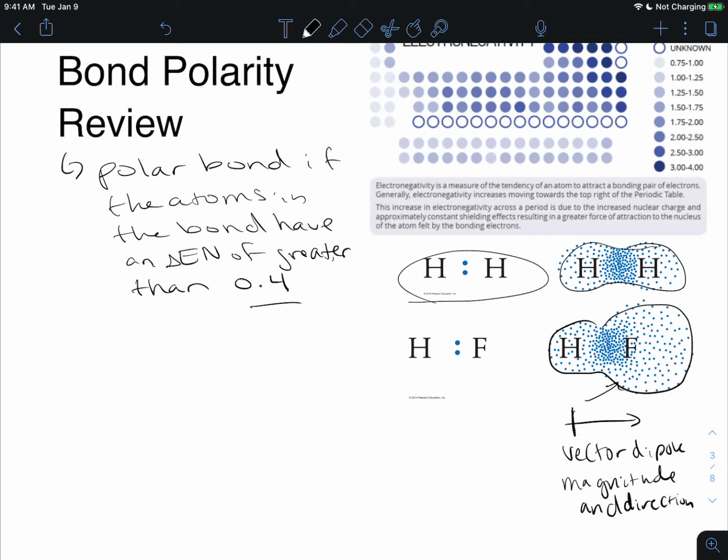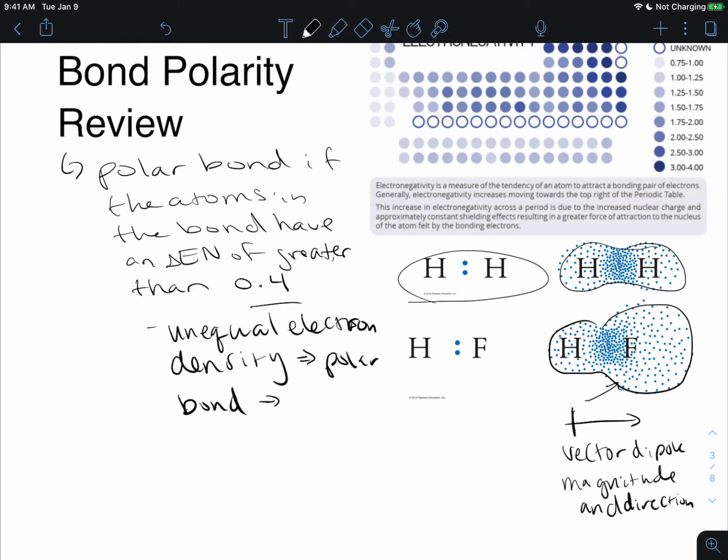So polar bonds, these are going to have an uneven distribution of electron density between the two atoms. And this causes partial charges to form.